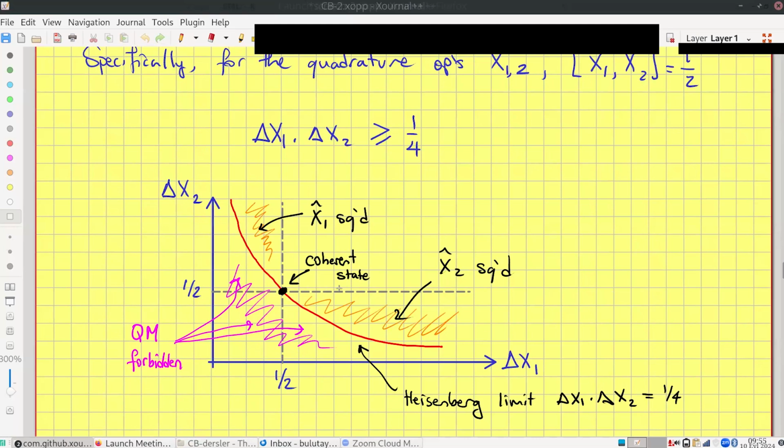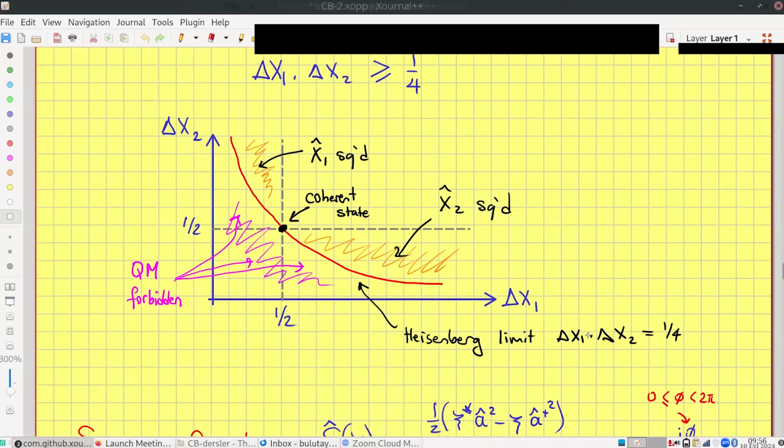Now, if you are below this line, then in this shaded region, you have less uncertainty in the x2 quadrature. You have squeezed your uncertainty at the expense of a larger uncertainty in x1. Their product cannot beat this. Only for the coherent state, or only on this line, you can enjoy the minimum uncertainty.